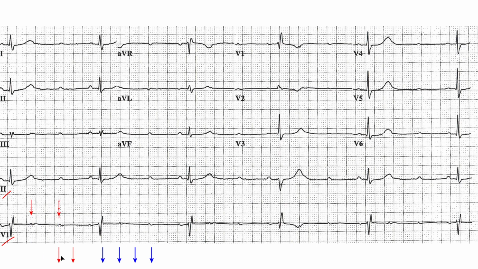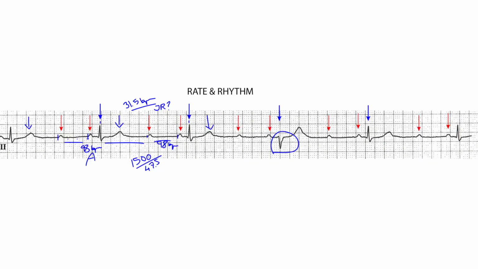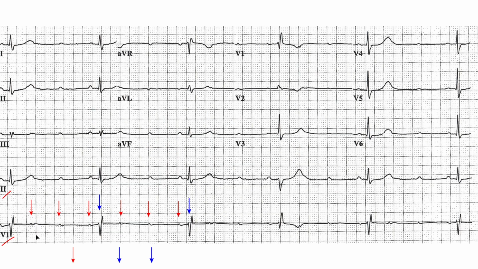In V1, we see 3 bumps to every single QRS, right? Sorry, let me just copy this. So what I was talking about, that P wave being hidden in the T wave, now came true. But I needed lead V1 to confirm that.